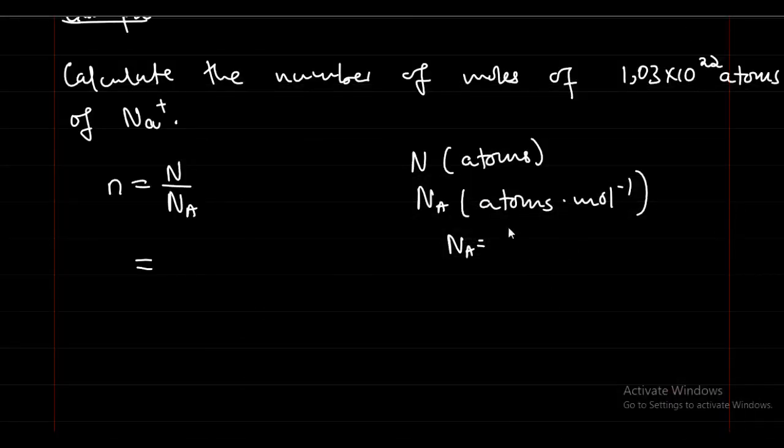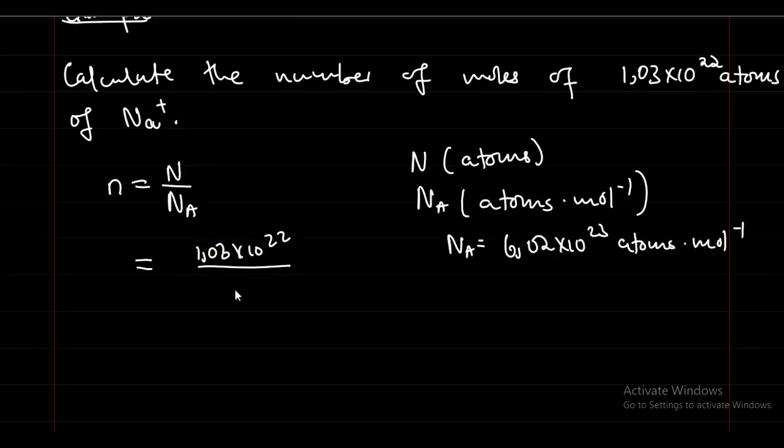But now what are we talking about? We're talking about atoms. So this time around it's going to be 6.02 times 10 exponent 23 atoms per mole. Now we substitute our given number of atoms, 1.03 times 10 exponent 22, over Avogadro's number, 6.02 times 10 exponent 23.